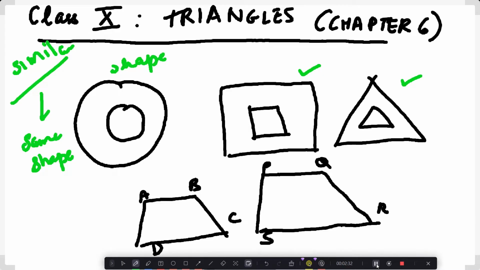What about these two quadrilaterals? If we just look at figure 6.2, are they similar? We can't necessarily understand whether they're similar or not, right? The only similarity is that yes, they have 4 sides. But what else do we need to find whether they are similar or not? That's the question.